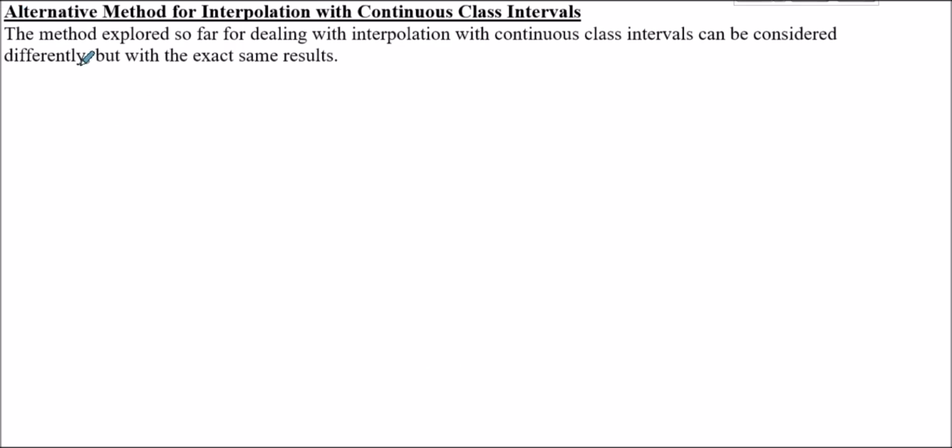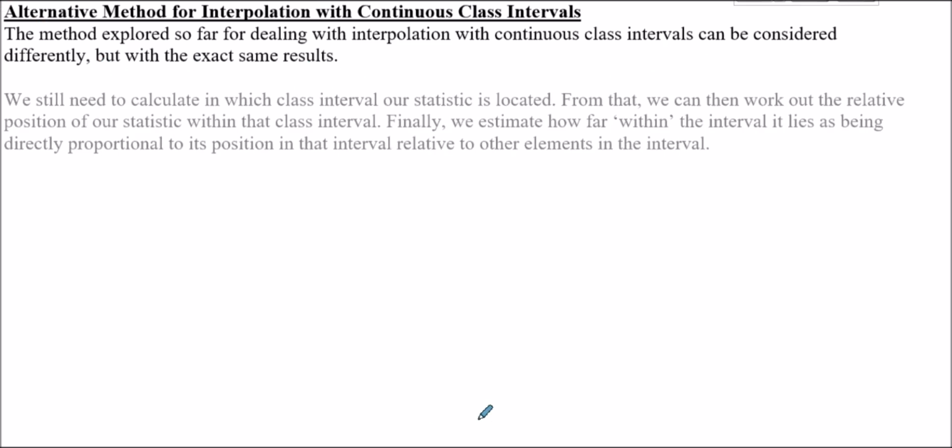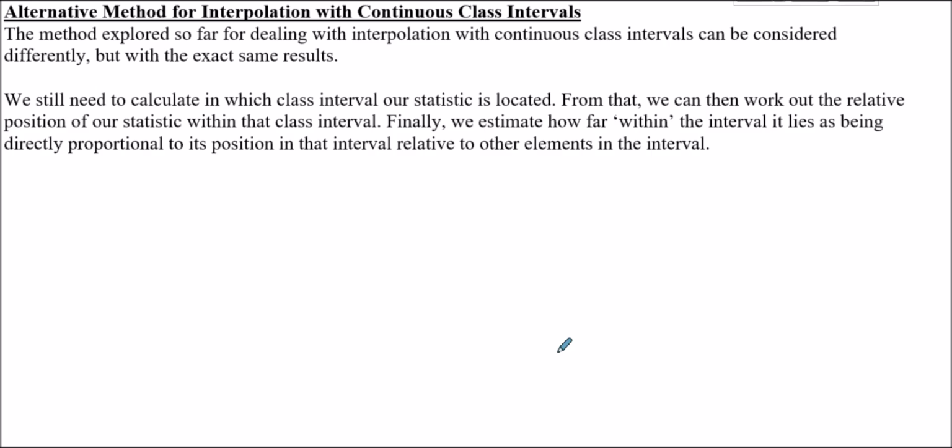This method is different to the method explored so far for dealing with interpolation with continuous class intervals. It can be considered differently, but we still get the exact same results. We still need to calculate in which class interval our statistic is located, and from that we can work out the relative position of our statistic within that class interval.